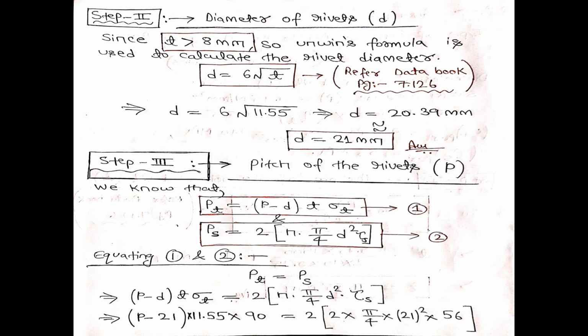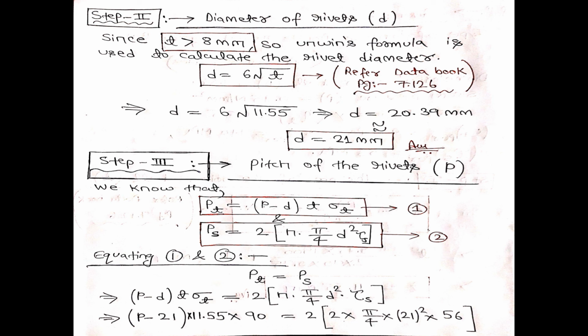I know that if thickness is greater than 8 mm, I will use Unwin's formula. But if thickness is less than 8 mm, I will equate P_C, crushing strength, with shear strength P_S. Then I will equate those two equations and we will get the value of diameter.